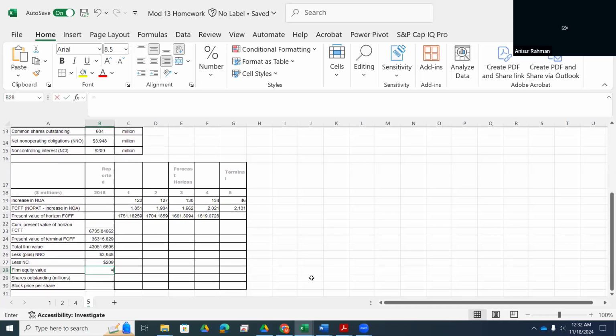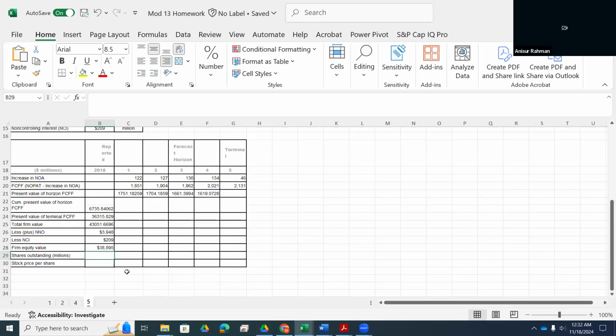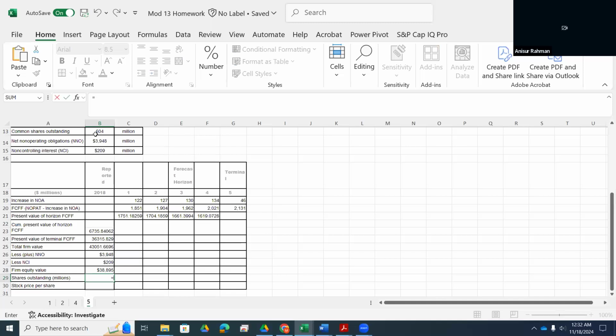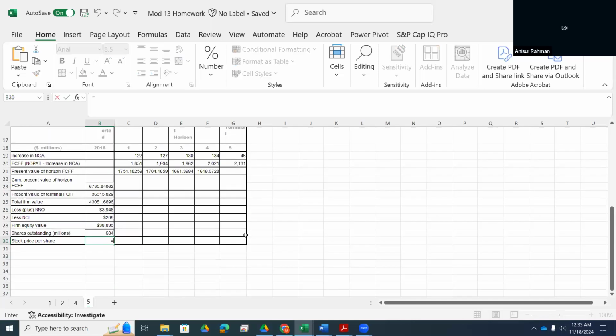Our firm equity value will be total firm value minus NNO minus NCI. And then shares outstanding is equal to this in million. Our numbers are also in million, so you're good. Stock price is equal to our equity value divided by shares outstanding.